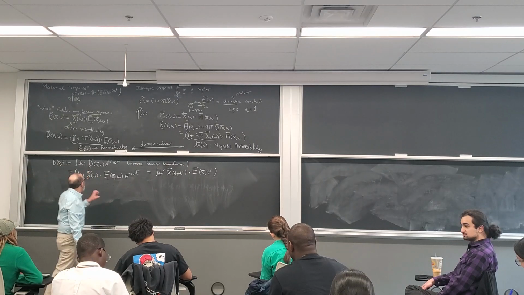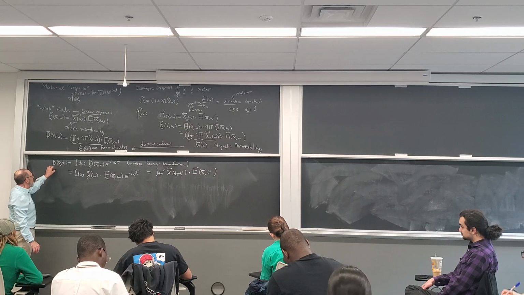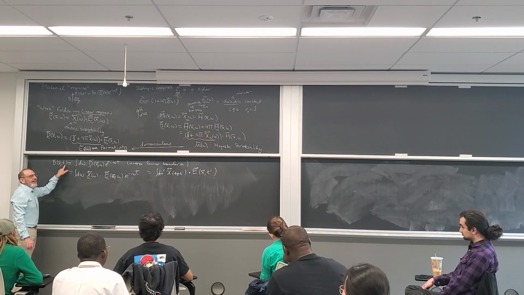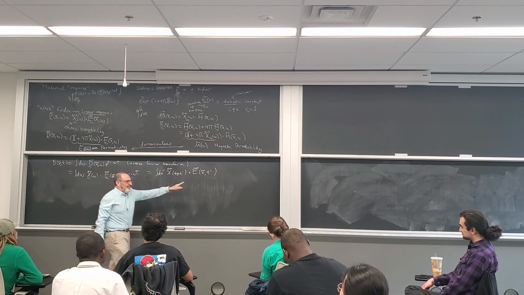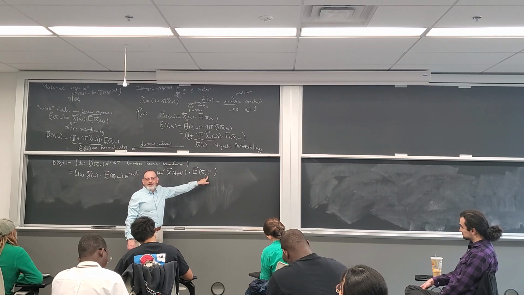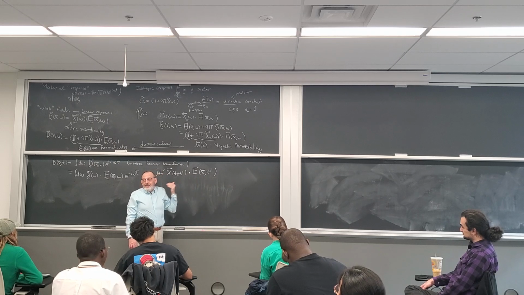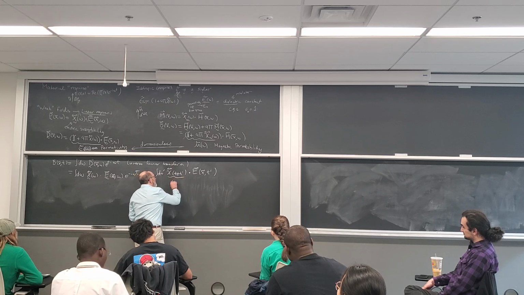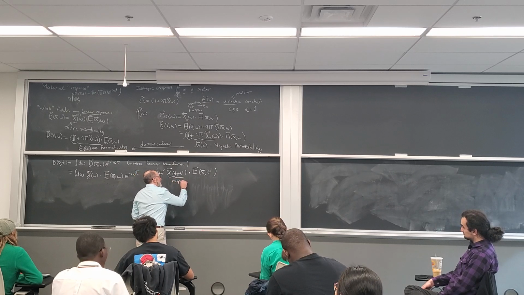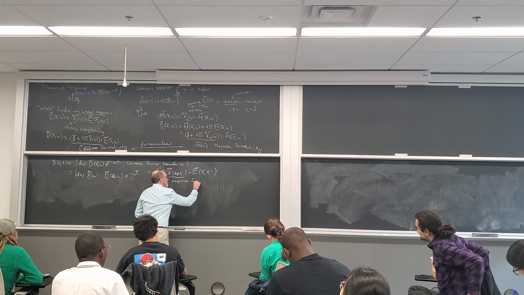So what this says, generally speaking, is that the displacement at some time is not instantaneously related to what the electric field is at that time, but there can be a delay. This is what we call the response function.